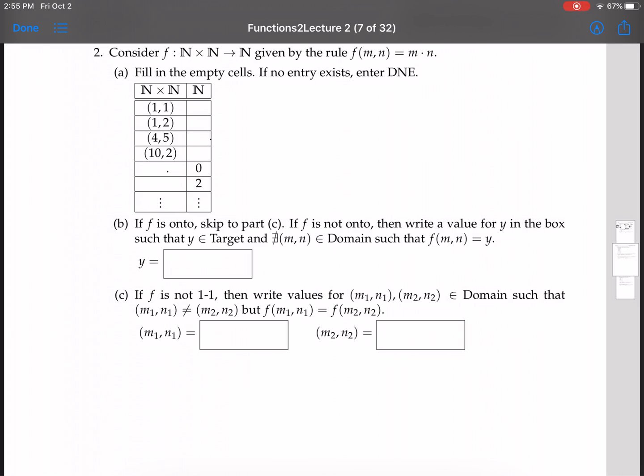Like I said for the previous video, what you've got to do is fill in the table, and then you'll be able to read off the data from the table and answer the other questions.